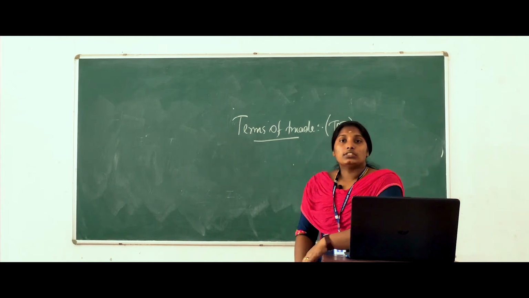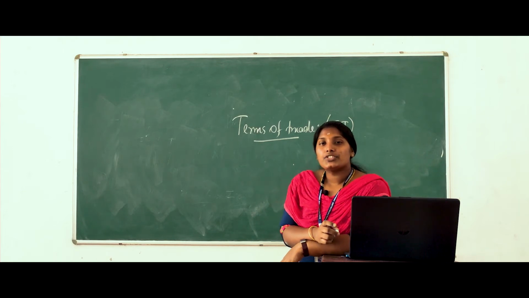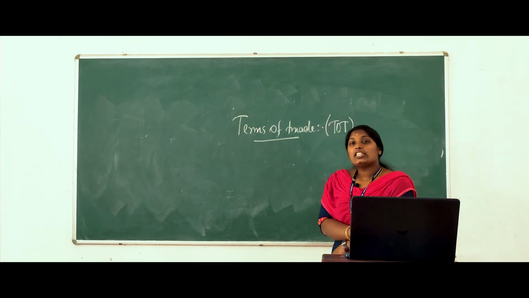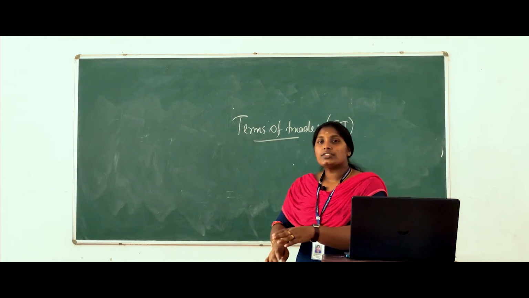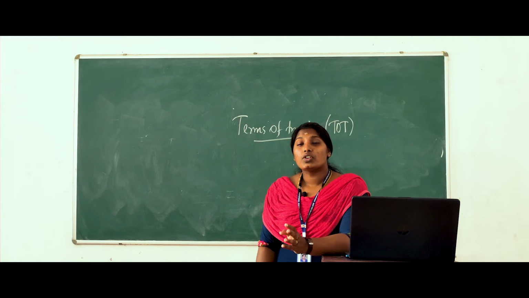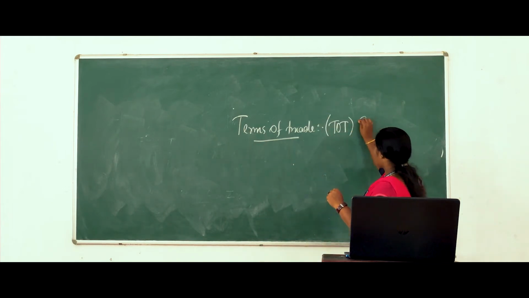As we saw, the terms of trade is an important determinant and measure to evaluate individual countries from international trade. International trade involves two activities, that is export as well as import.